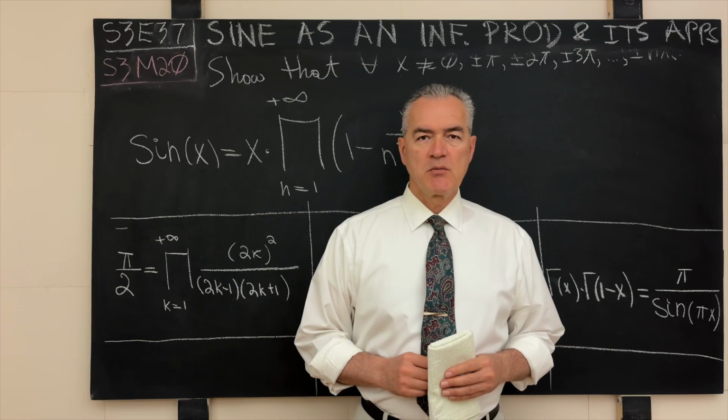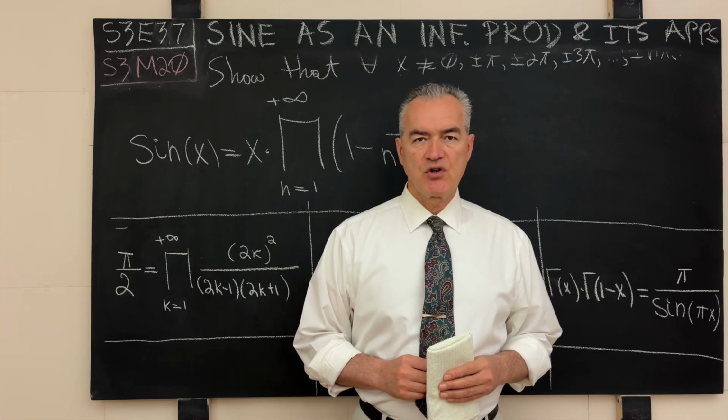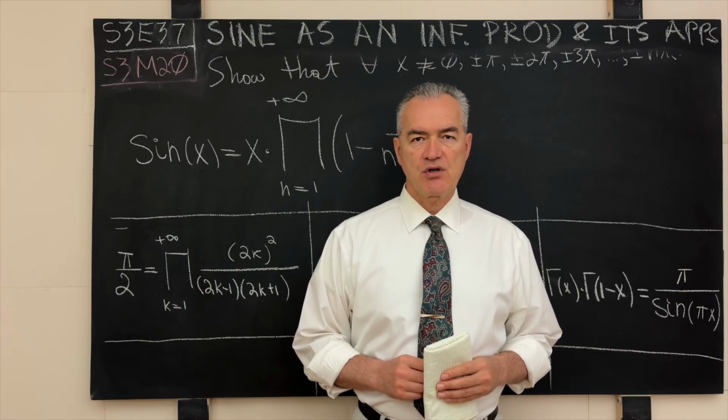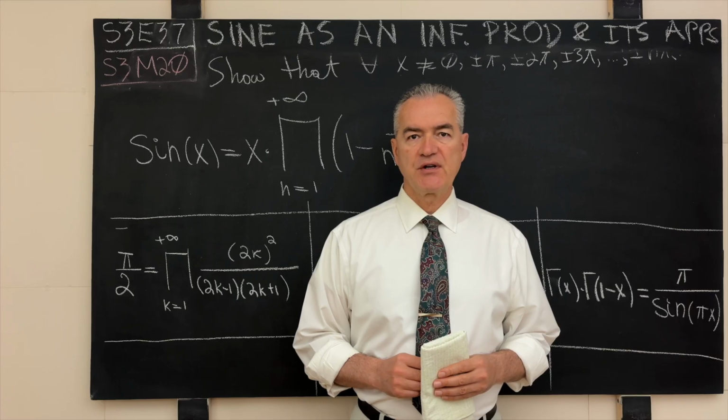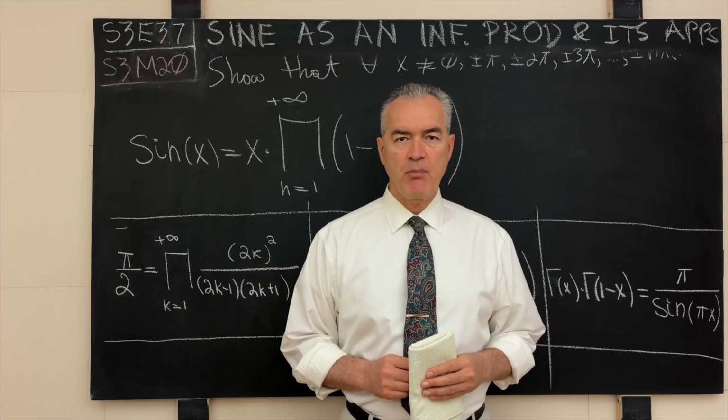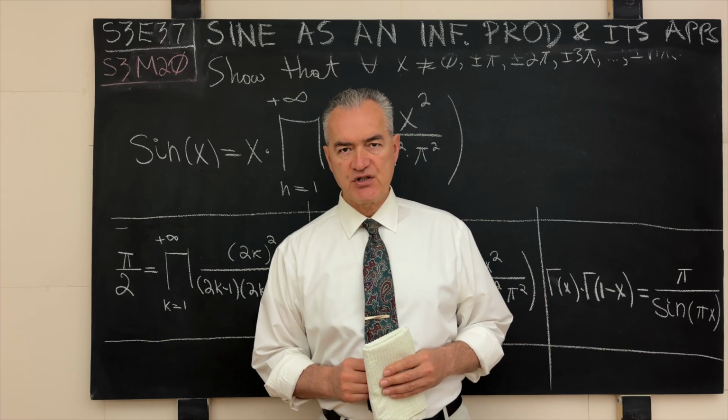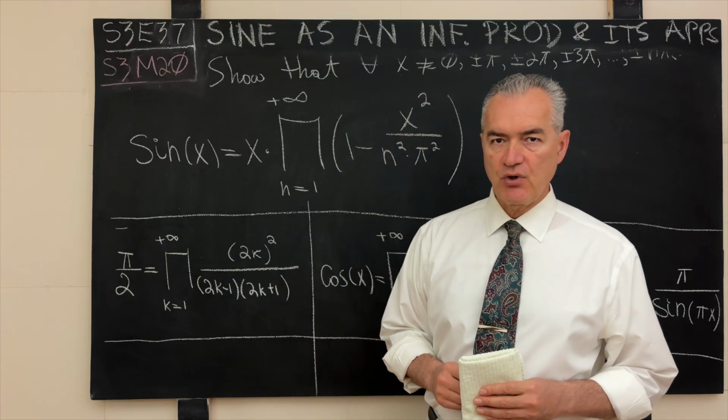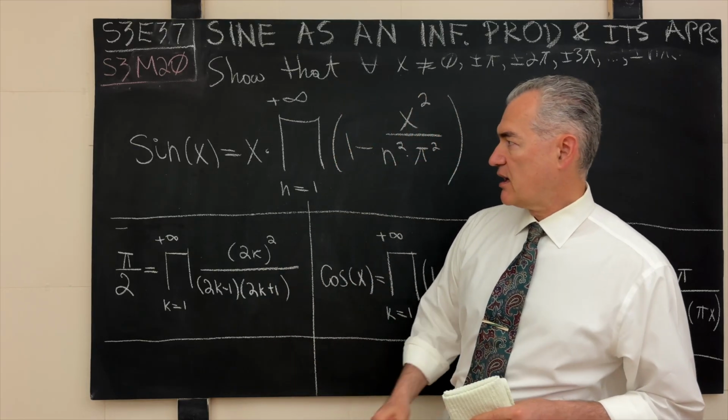In the mathematical problem S3E37, we're asked to show that for all real numbers x, which are measured in radians and which are distinct from integral multiples of pi, the following decomposition of the trigonometric function of sine into an infinite product holds.